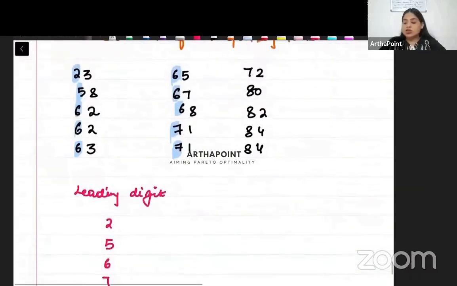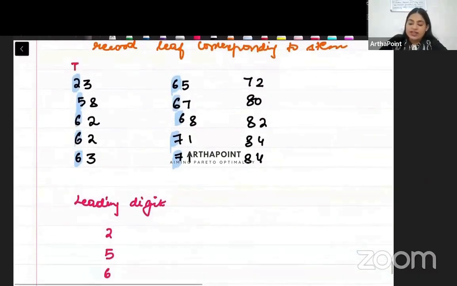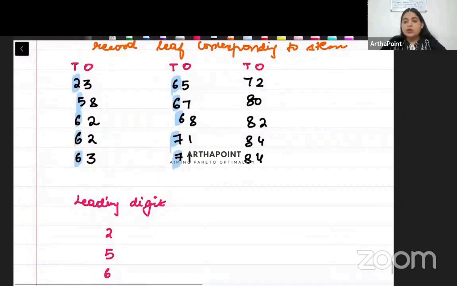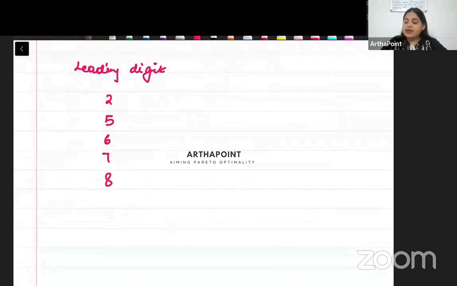These are my leading digits. Leading digits माने ये हो गया tens और ये हो गया ones. Tens, ones, tens, ones. जो भी tens की प्लेस पे आ रहा है, that is your leading digit. ठीक है बेटा?